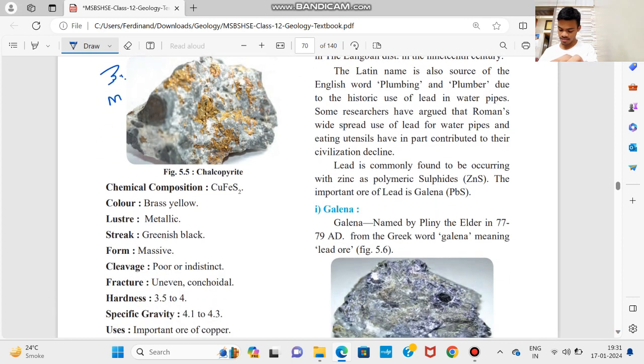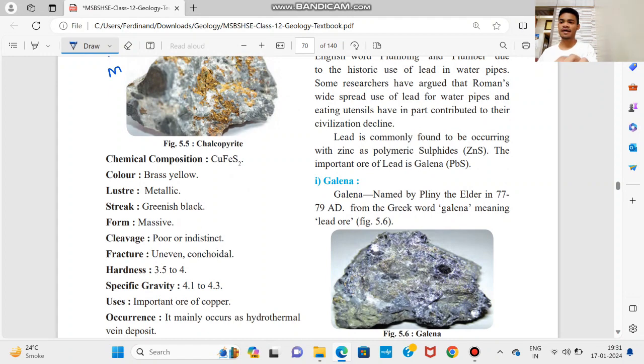The physical properties of chalcopyrite, so you got to remember everything of this.